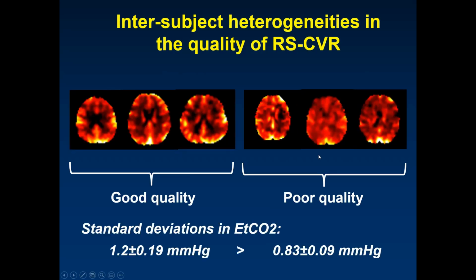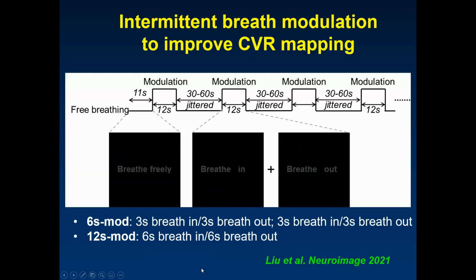We found that the standard deviation in their end-tidal CO2 values is significantly higher in these people with good quality than those with poor quality. So what can we do to increase the quality, to increase the variation in their end-tidal CO2 values?